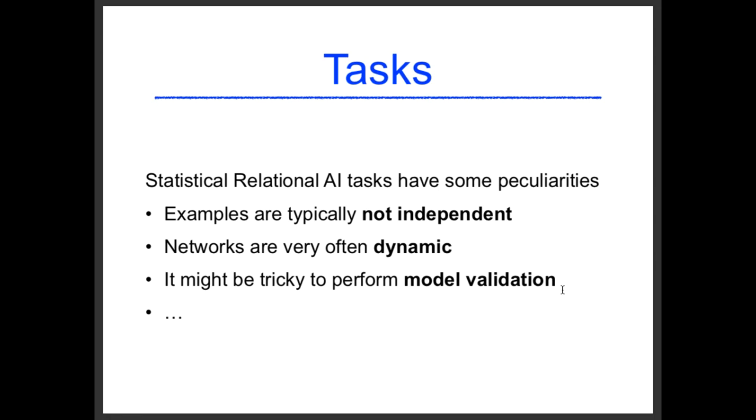We'll see that there are solutions to deal with dynamic networks, but this is something where I briefly want to spend some words because it's tricky. It's not straightforward to perform model validation on this kind of data, okay?